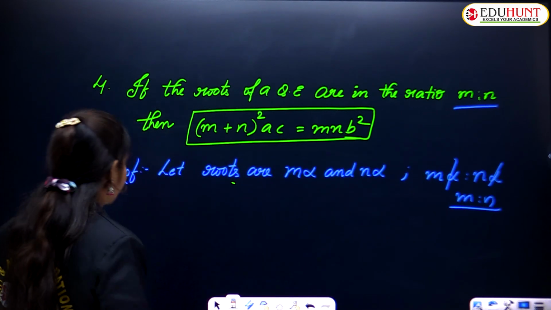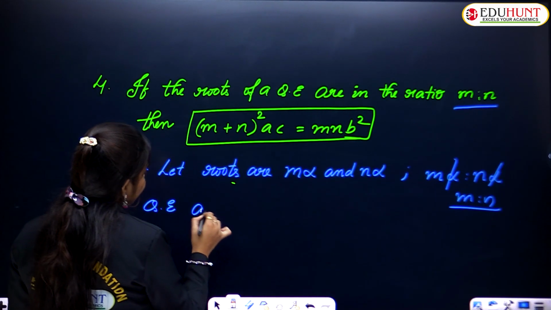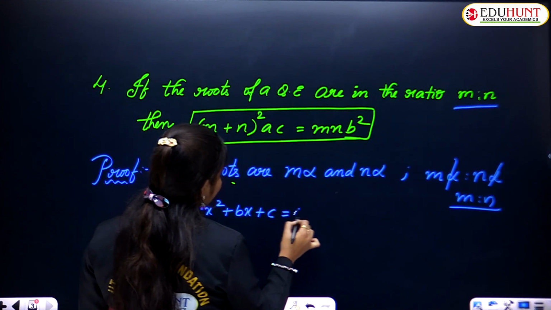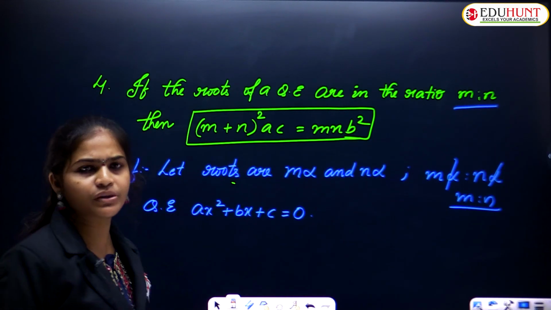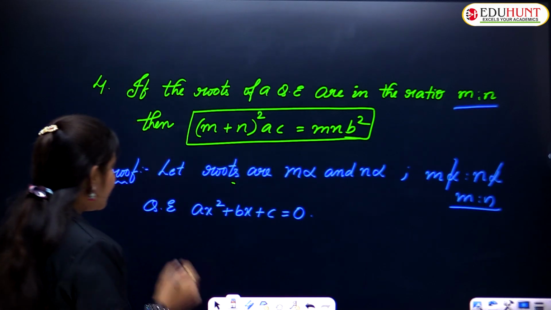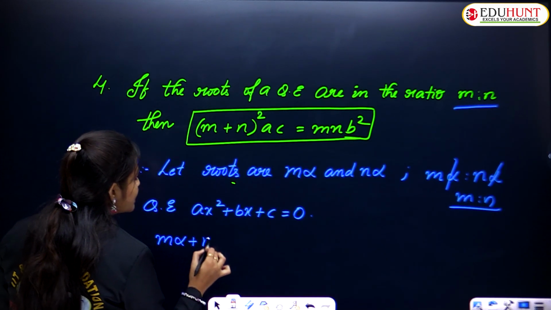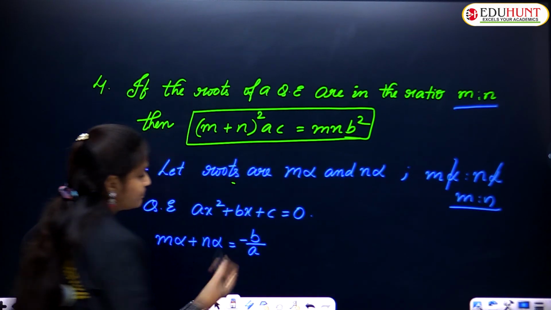Now here, let the quadratic equation be ax square plus bx plus c is equal to 0. This is the general form of the quadratic equation. Now the sum of the roots, m alpha plus n alpha, is equal to minus b by a.